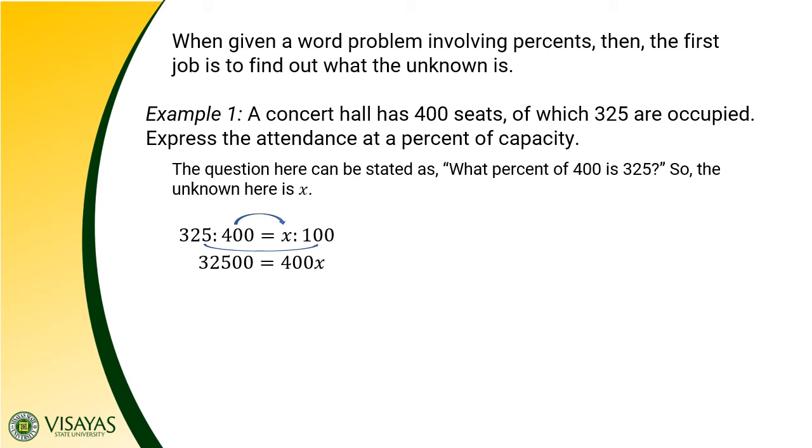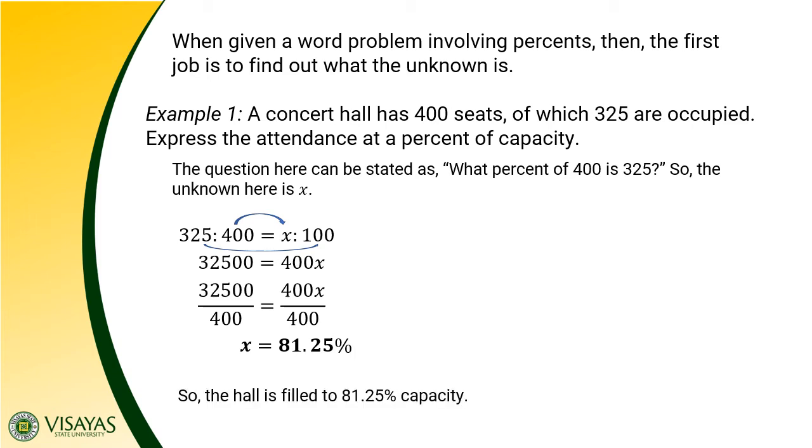Okay, and to find the value of x, simply divide both sides by 400 and simplify. That is x equal to 81.25%. Meaning, 81.25% of the seats in the concert hall were filled or occupied. Where did we get 81.25?